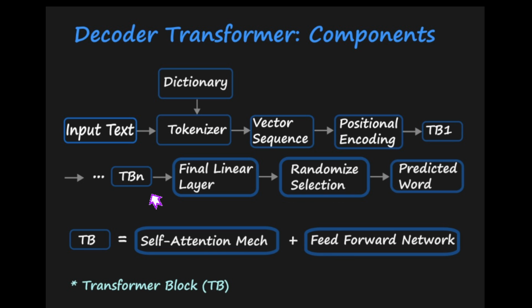For example, one version of ChatGPT has 96 of these, one after the other in series. One feeds into the other, 96. This is all the setup, and this is really the heart and soul of the decoder transformer. These are doing the major processing. Okay, and then this is the output part.